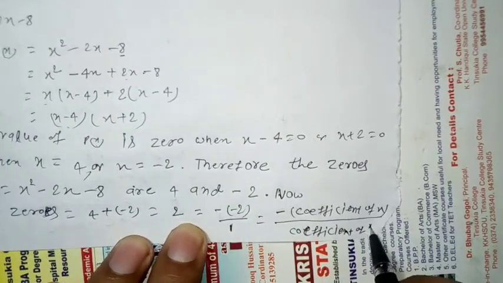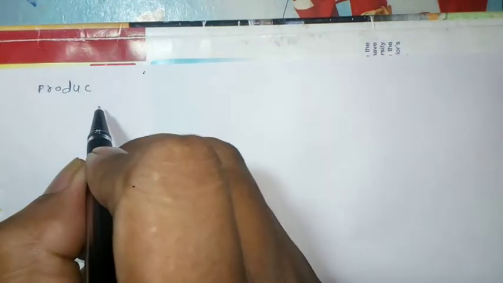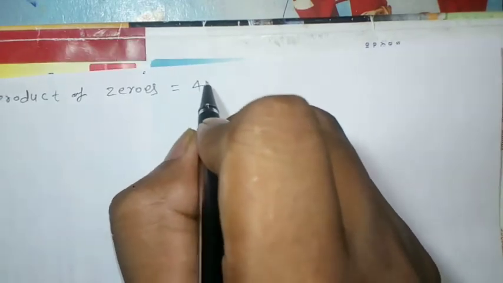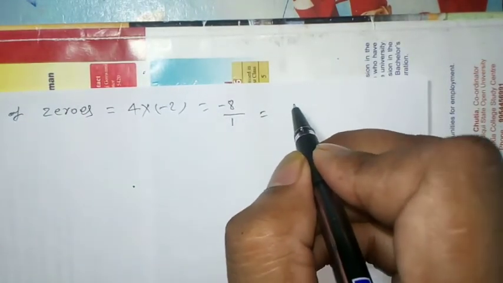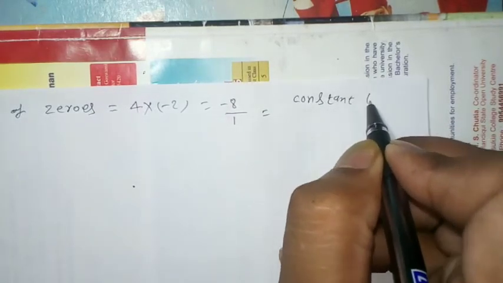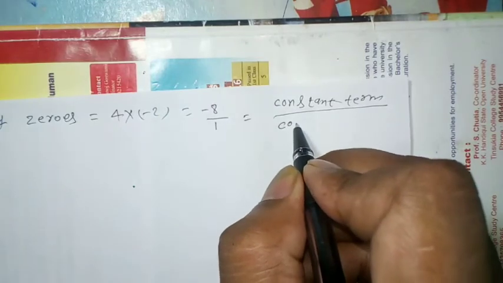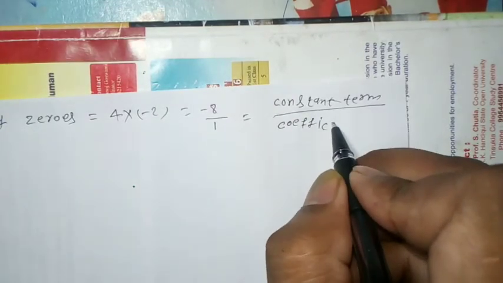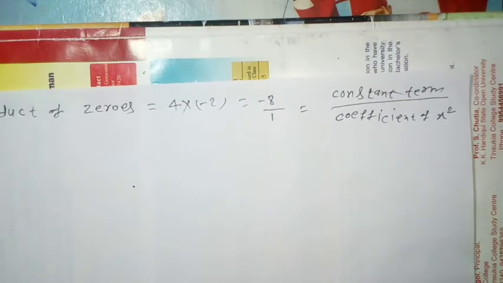Now product of zeros is equal to 4 into minus 2 is equal to minus 8 by 1, which is equal to constant term by coefficient of x square. Okay, this is your verification.